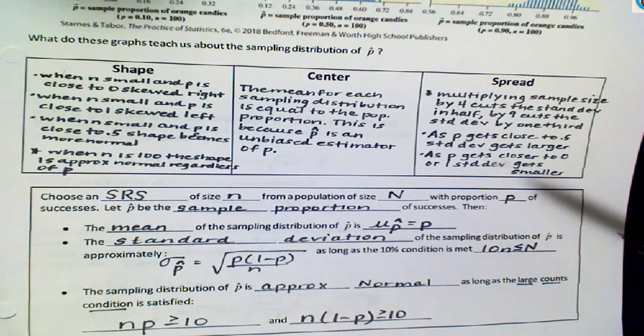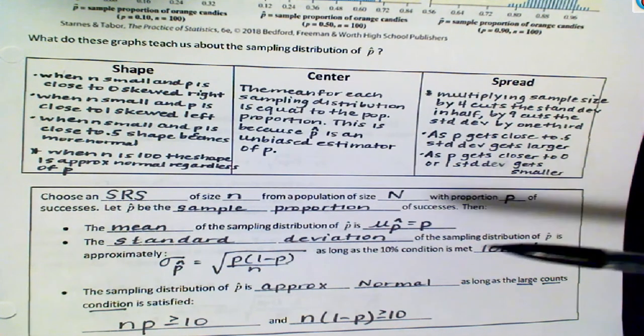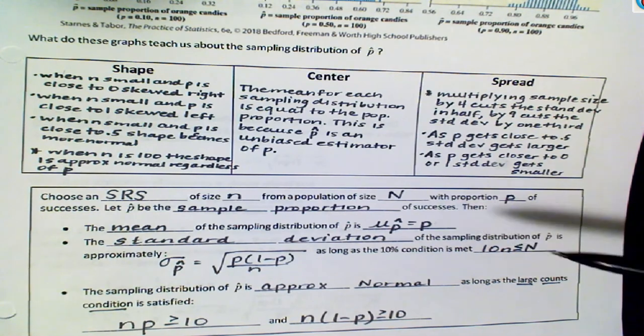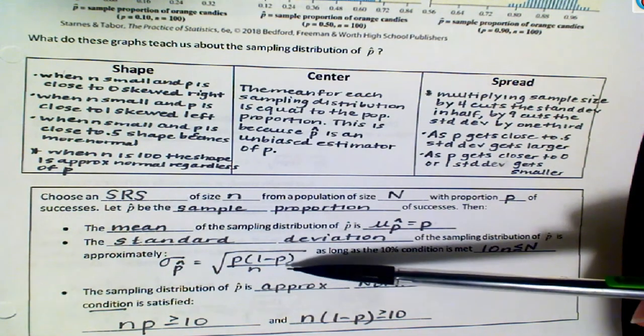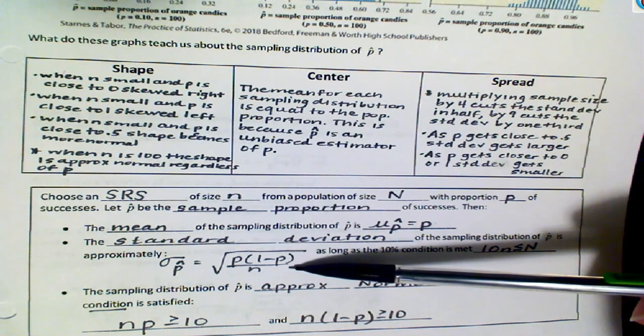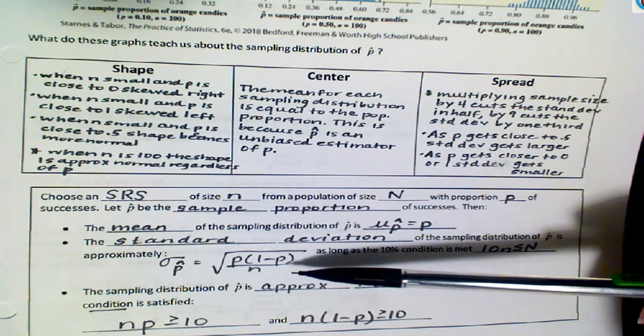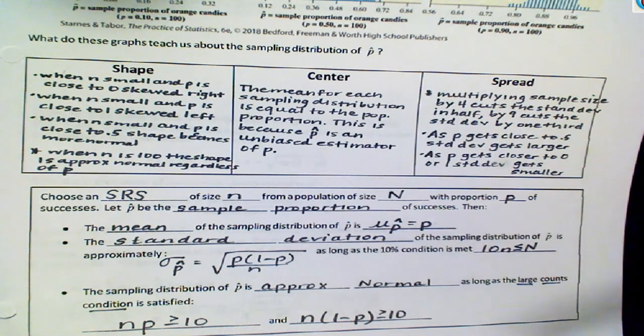So we know what the mean is, we need to check the 10% condition, and then we can use this formula, which is on the formula sheet, to find the standard deviation of p hat. And then this is how we can tell if it's normal.